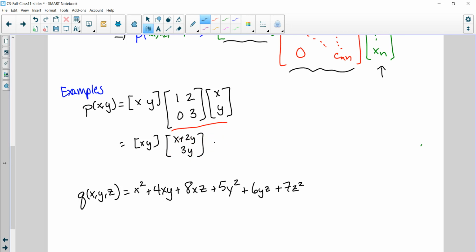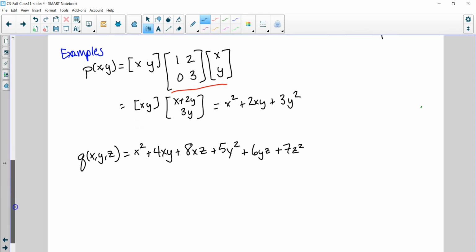Then I do the multiplication here, and I end up with x squared plus 2xy, and then plus 3y squared. So that certainly is a quadratic form.